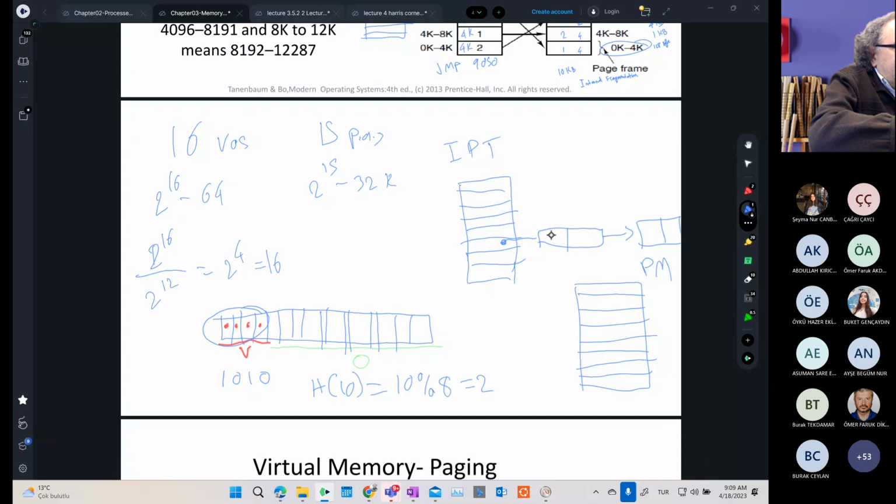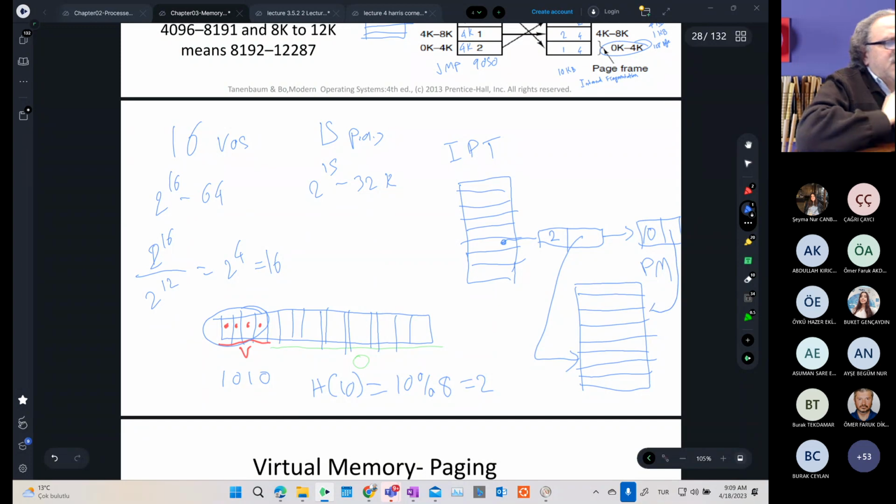It says my virtual 4 bits is 2, and 2 is going to map me somewhere here. The second one says that my virtual bits is 10, and this is going to map somewhere here.